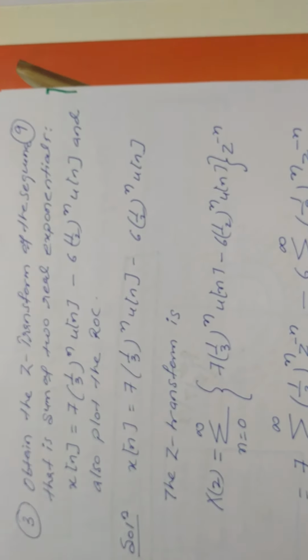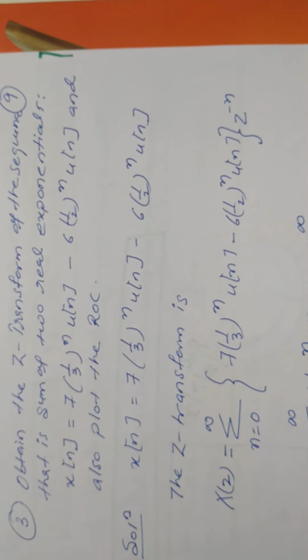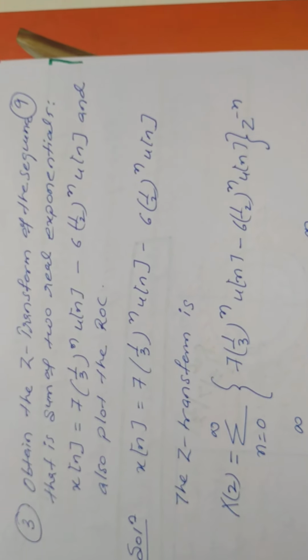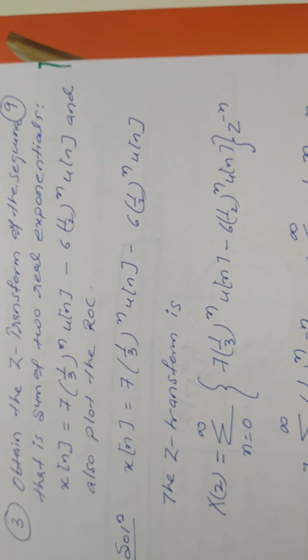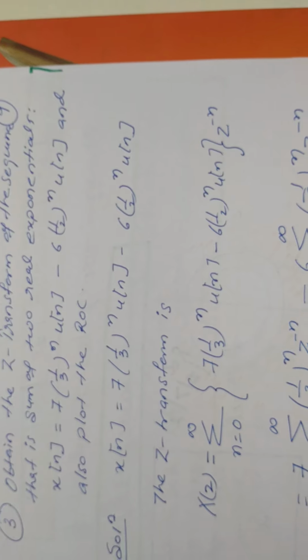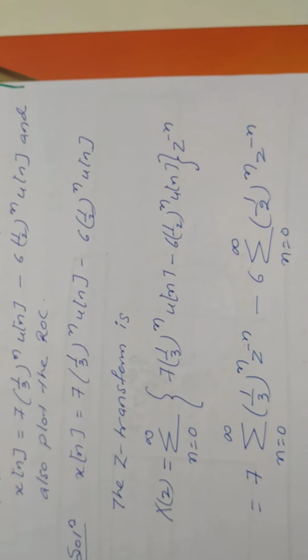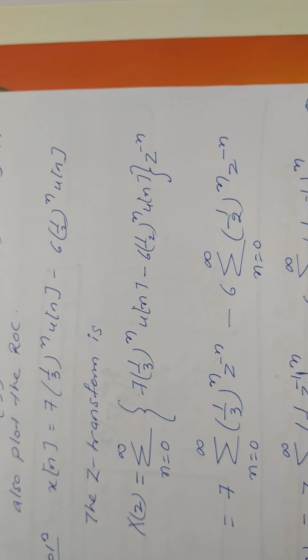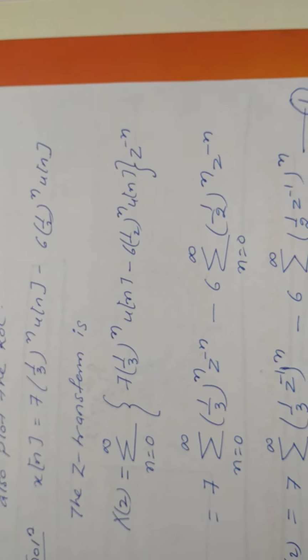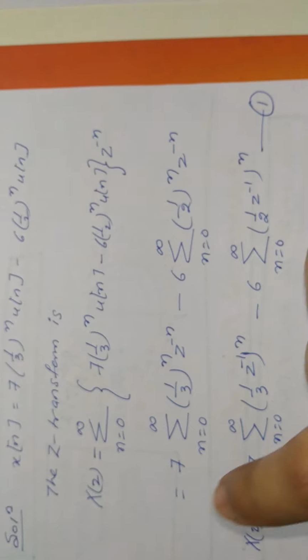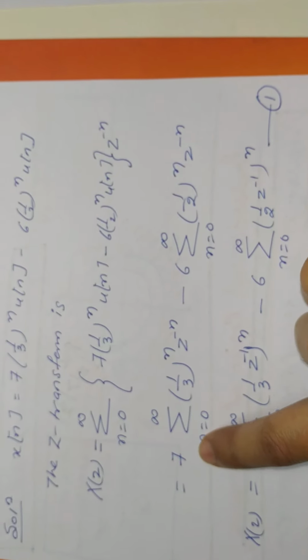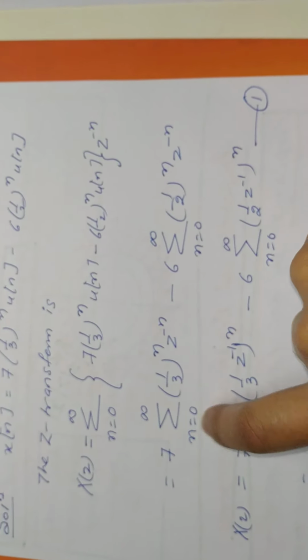Now coming to the next sequence that we will be studying today: x of n is 7 into 1 by 3 to the power n u of n minus 6 into 1 by 2 to the power n u of n, and we will even plot the ROC for this. This is our third example. With the same example we can write x of z as 7 into summation n equals 0 to infinity.